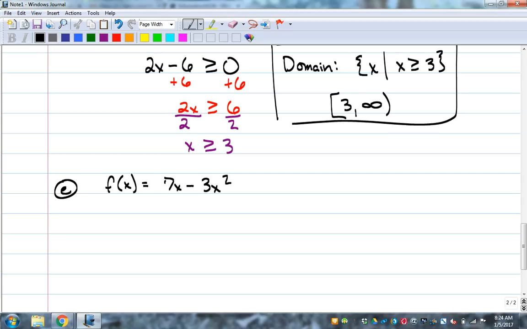Nope. No red flags. So what should our domain be? All real numbers. I'll just do all real numbers. Or you could write x is a real number. What's the interval notation for that?